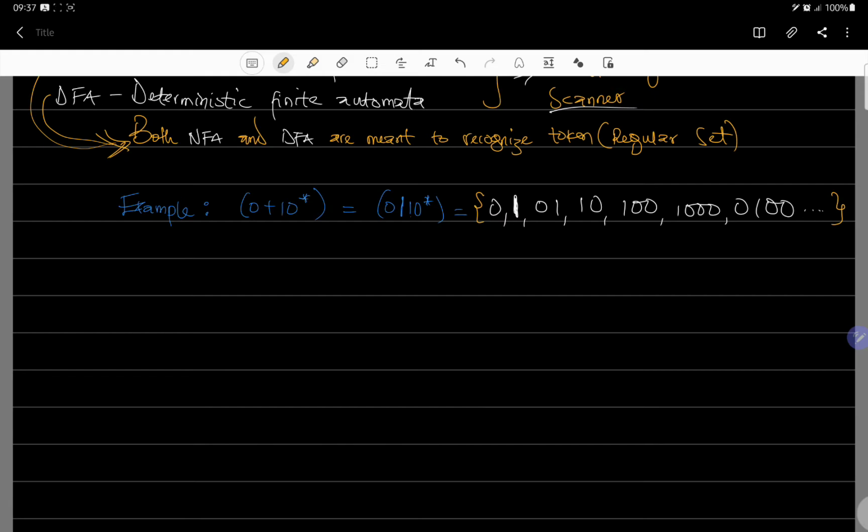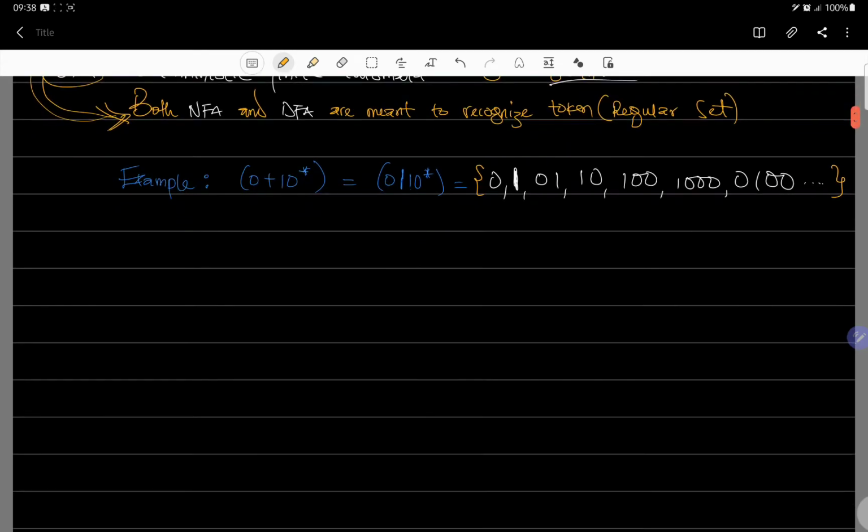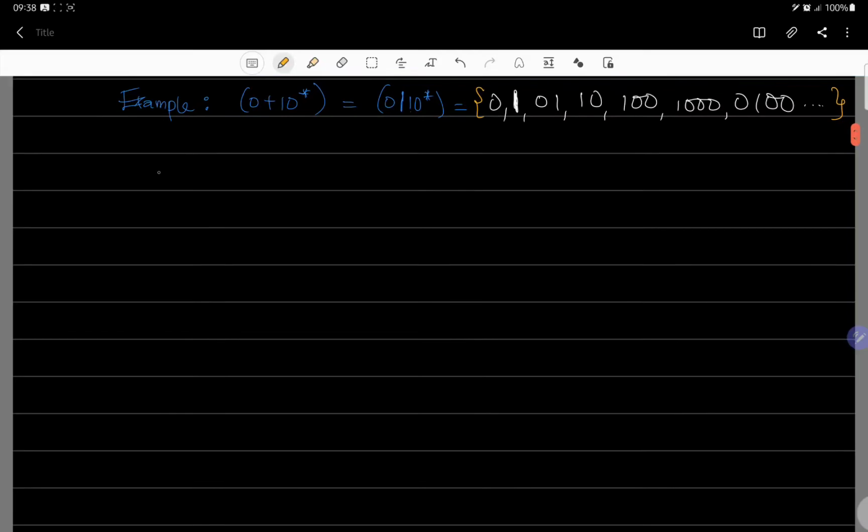So now he also mentioned that the difference between NFA and DFA is that NFA is the superset of DFA. What does that mean?